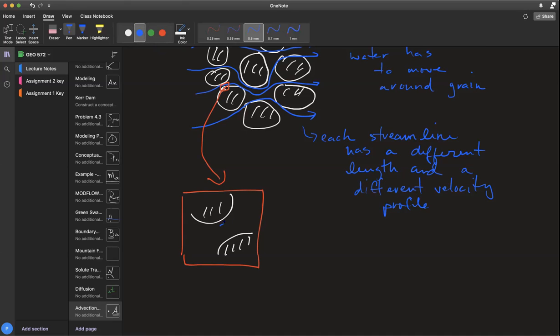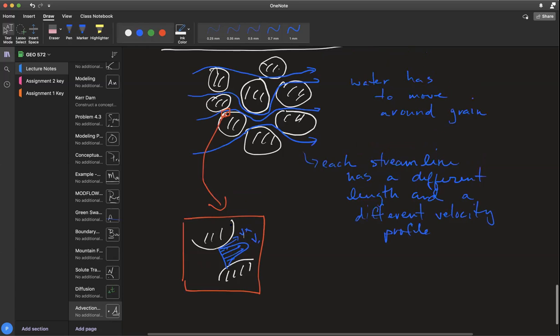Well, fluid dynamics tells us that we're going to have the highest velocity in the middle of the pore throat and the lowest velocity near the grains. This is my velocity profile, V sub x, within the pore throat. So I have a velocity of 0 essentially, right up against the grains, and I have maximum velocity in the middle of the pore throat. So I have a distribution of velocities even within one pore throat.